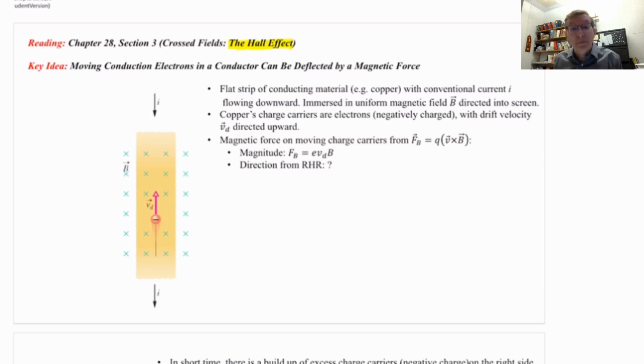Here's the experimental setup. We'll just assume, to have something specific in mind, that our conducting material is copper. Copper is one of those metals where the free charges inside are indeed simply electrons. And we're going to get ourselves a piece of this copper that has been particularly shaped to be like a long, flat strip.